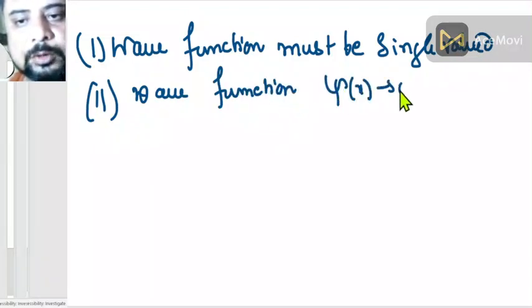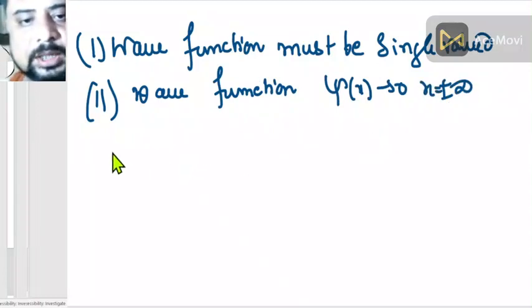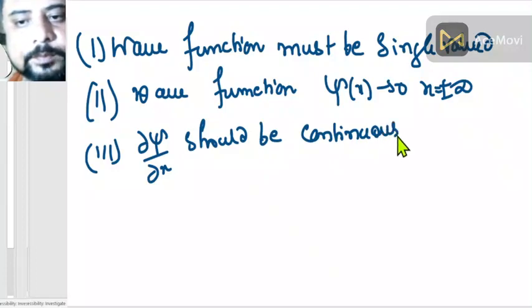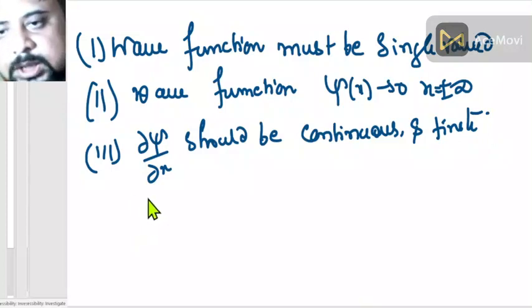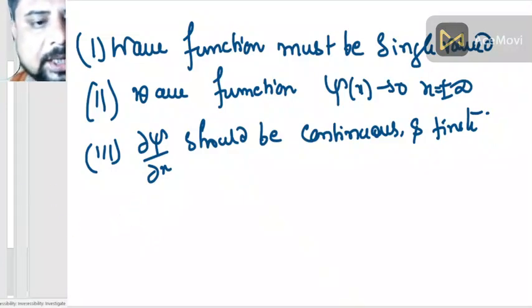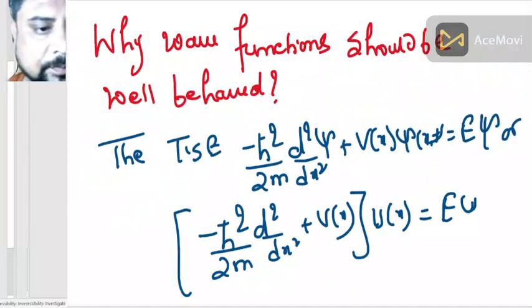Wave function psi of x should tend to 0 at x equal to plus minus infinity. d psi by dx should be continuous and finite. These are the three main conditions for a well-behaved wave function, because it is related to the particle.